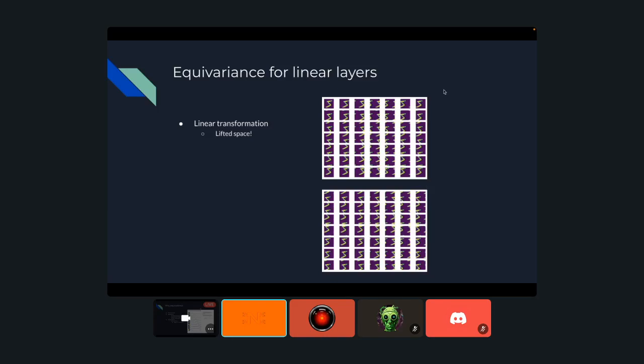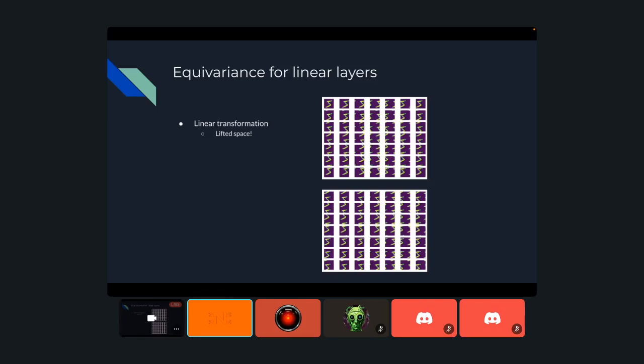And I should say that these next two slides are like an original explanation, the way I first understood convolution as equivariance, and it is not very connected with the rest of what's going on.